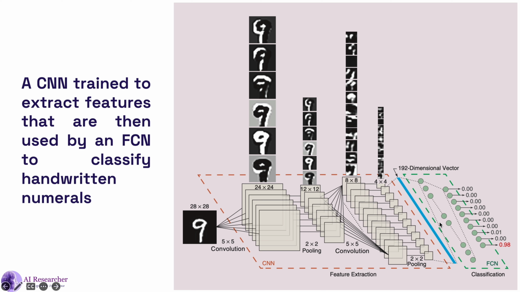The fully connected neural network is a sequence of dense layers that processes the features extracted from the convolution and pooling layers to classify the class of the input image, for example from 0 to 9 digits.